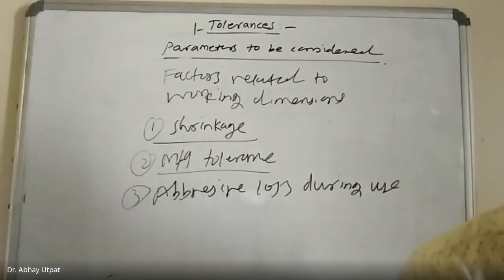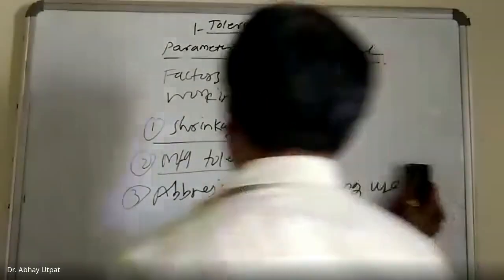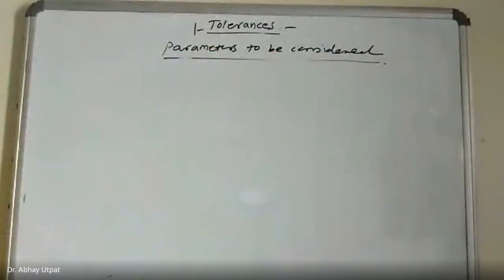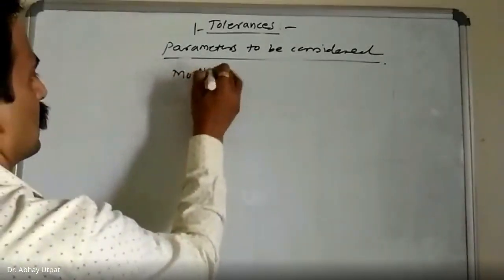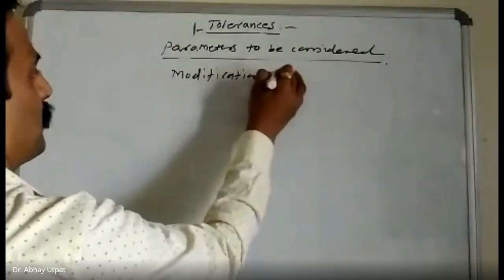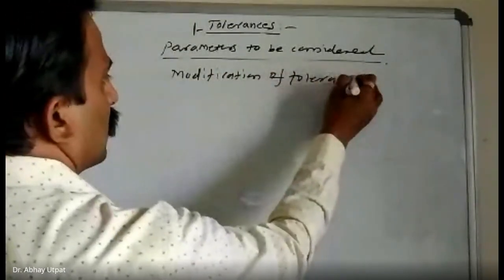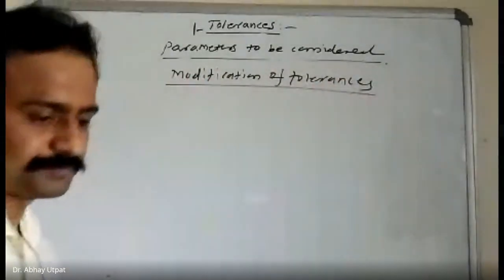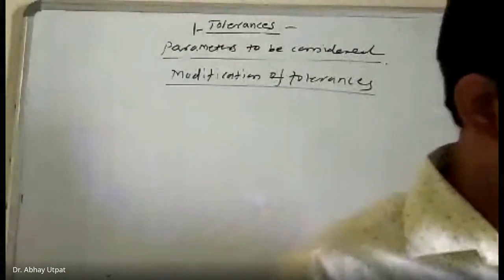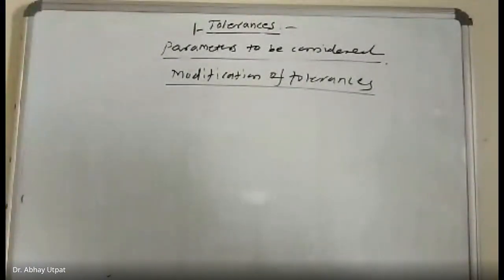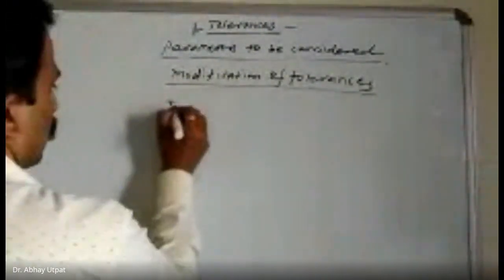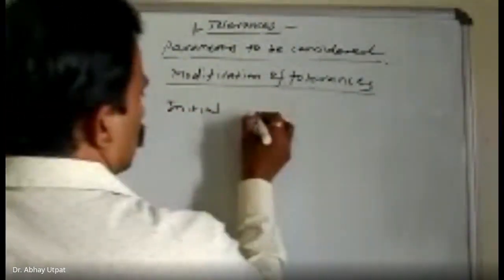So now let us see the illustration. How to modify the tolerances for easy access and easy selection. Modification of tolerances. So, initial and modified to.